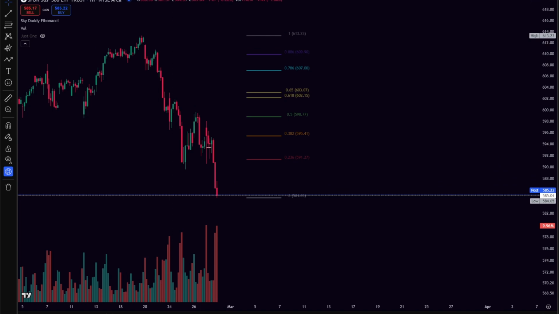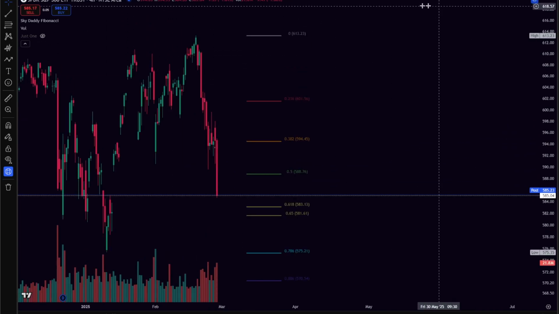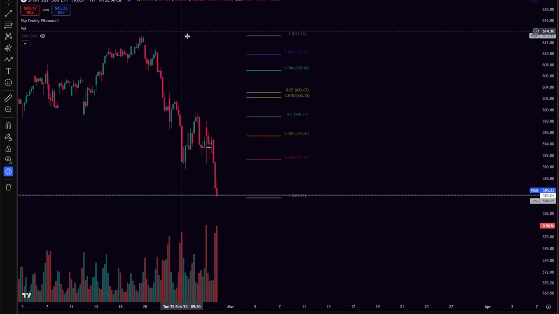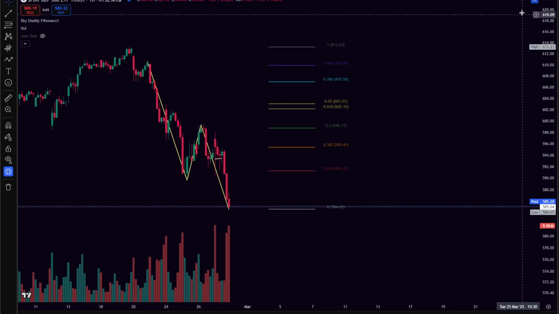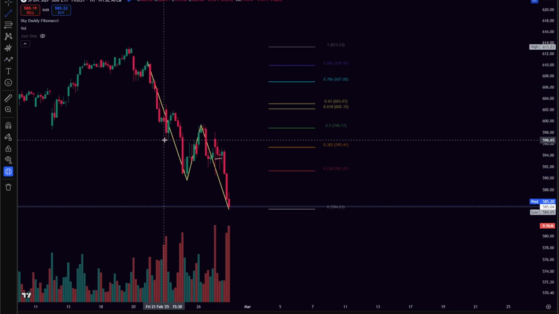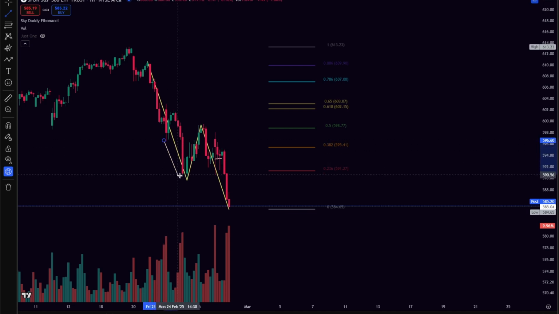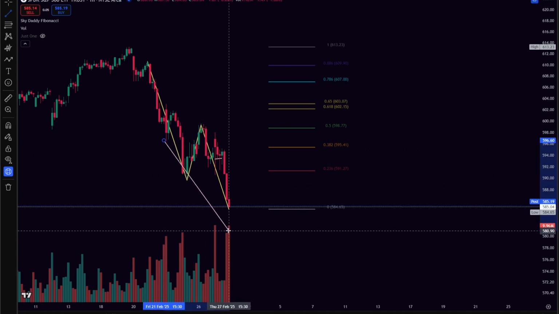So we have, let's do 4 hour. I don't like the 4 hour. 1, 2, 3, 4. And then if we take a trend line, draw this trend line here.